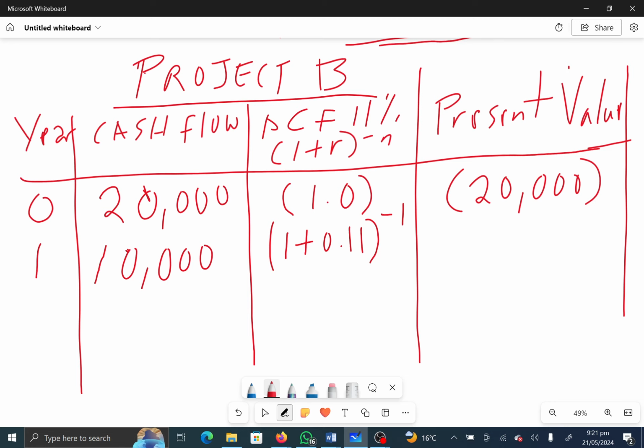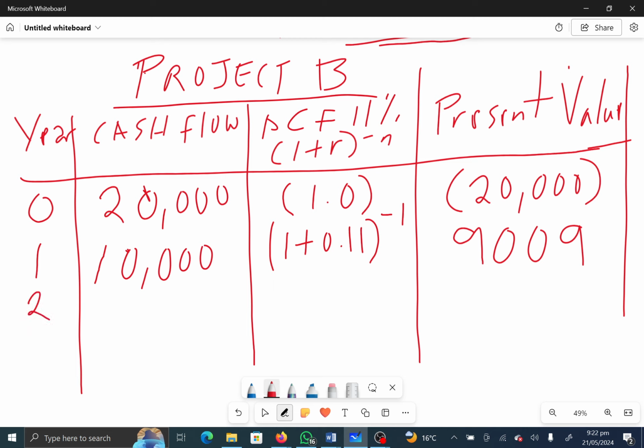So you calculate 10,000 multiplied by 1.11 to the power negative 1. What are you getting? 9,009. Yes.